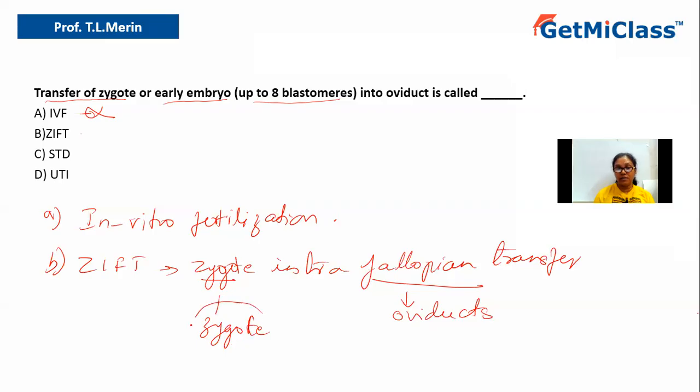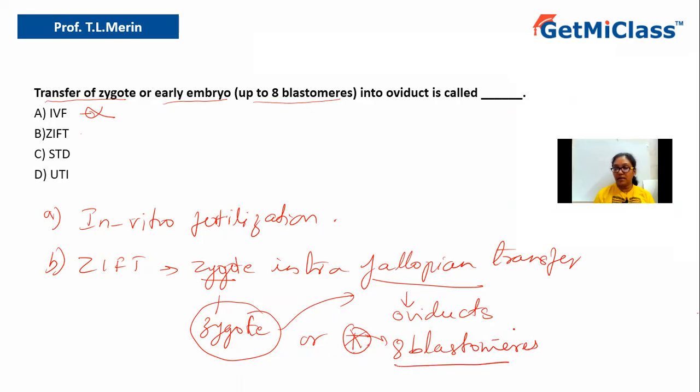This zygote can be directly transferred into the fallopian tube of the female, or once it undergoes the cleavage stage, about 8 blastomere stage, where each cell is called a blastomere, this early embryo can be transferred into the oviducts of the female.